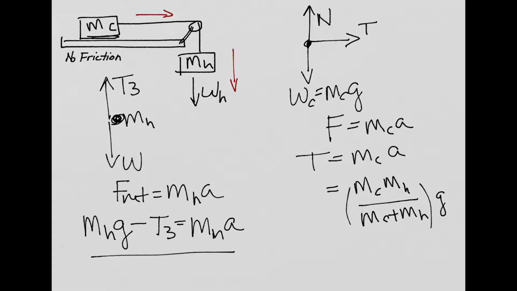But the tension in the wire is actually going to be less than the weight. It has to be less, otherwise it wouldn't move. This tension here is the same as this tension here. I'm sorry, I don't know why I called it T3. Let me get rid of that. So these tensions are the same. If the tension here was the same as the weight, then the hanging mass wouldn't move. So what we conclude is this is an expression for the tension of the rope, and it will be less than mhg.